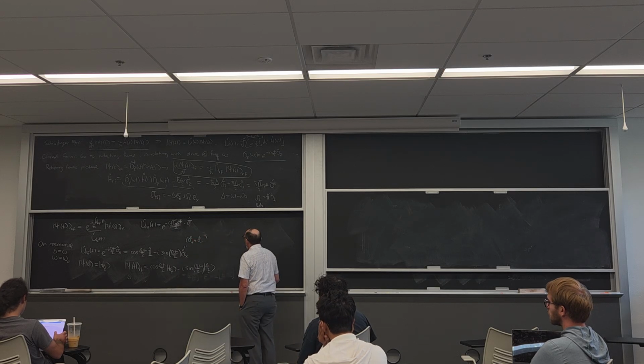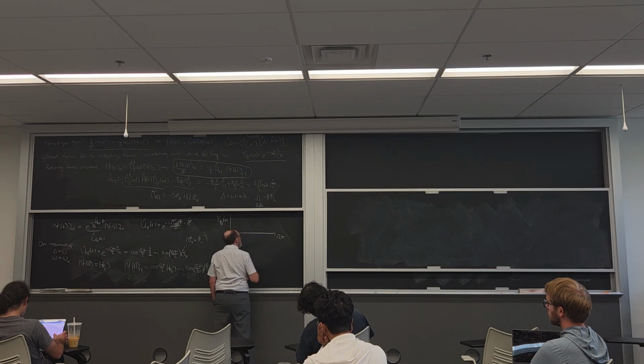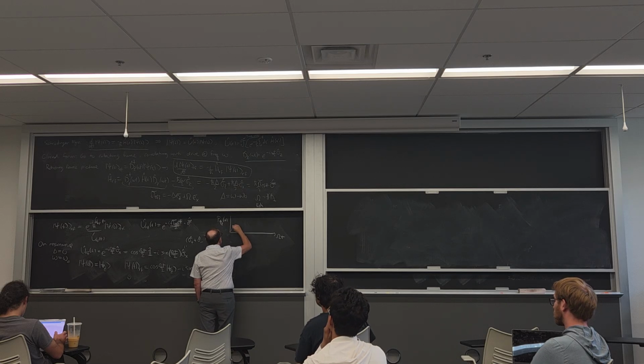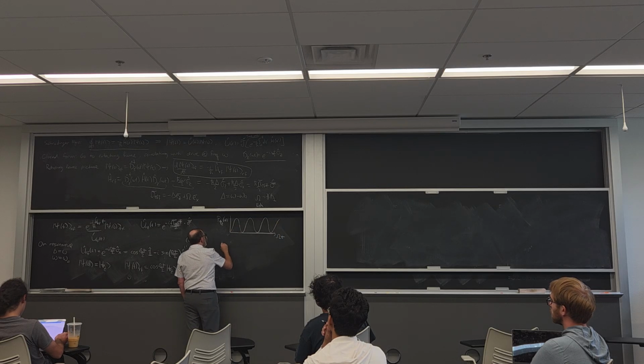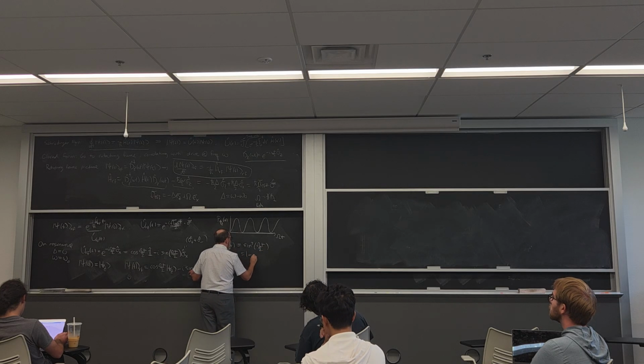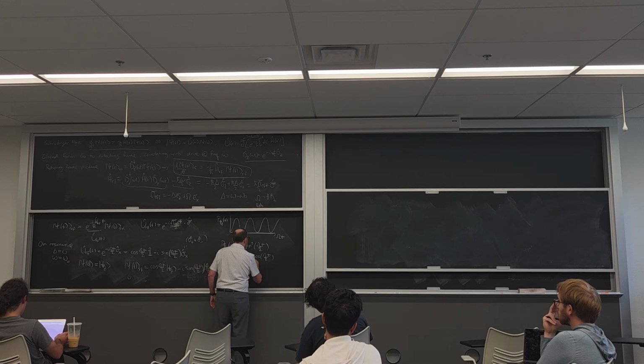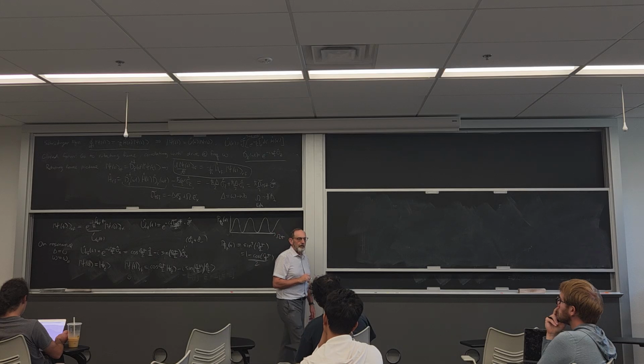Right? So what this tells me is that the probability to be spin up as a function of time, in units of the angular frequency, undergoes Rabi oscillations. This probability is the square of this amplitude, which is 1 minus cos omega t over 2, right?